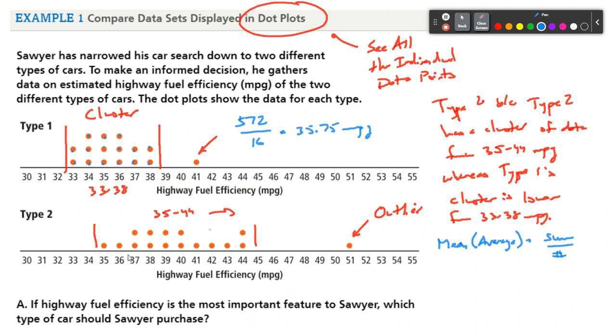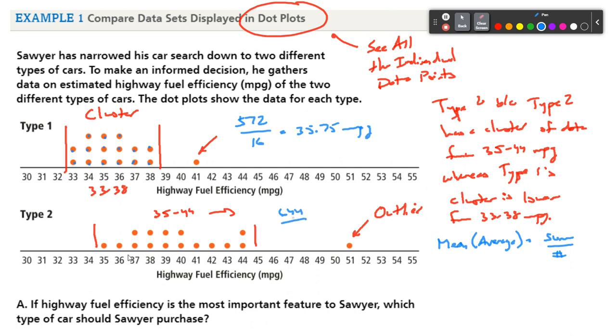Now I did the same thing down here. So again, I'll do 35 plus 36 plus 37 plus 37 because there's two of them, plus 38 plus 38 plus 39 plus 39 plus 40 plus 40 plus 41 plus 42 plus 43 plus 44 plus 44 plus 51. And I got a sum of 644.